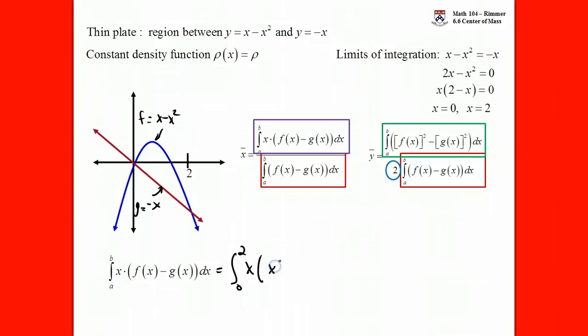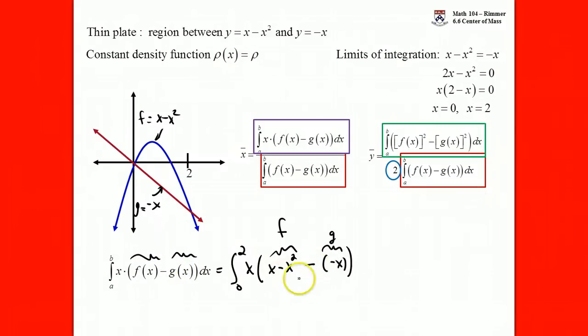So x minus x squared is f, and negative x is g, f minus g from the formula.